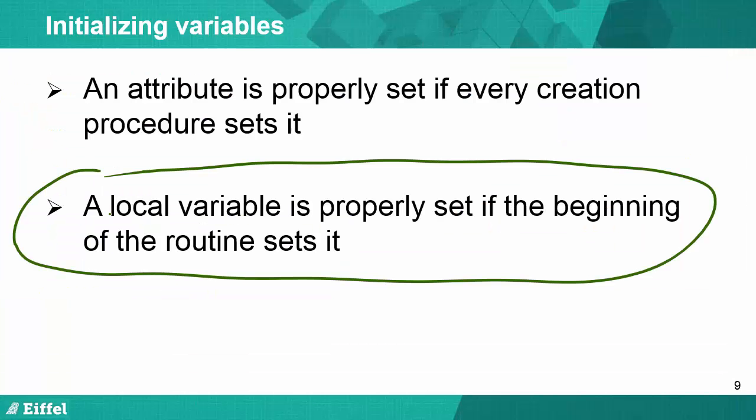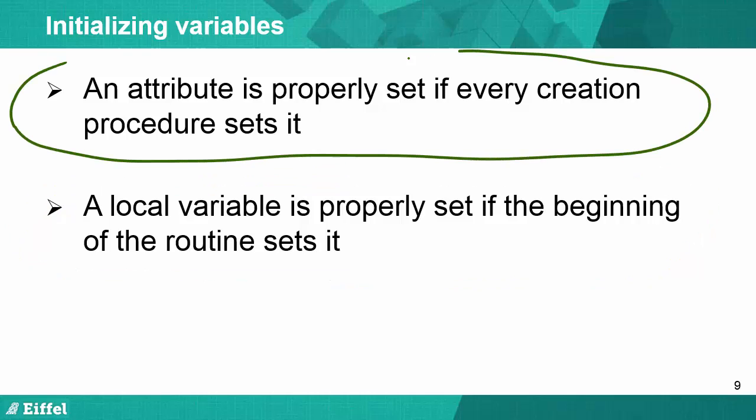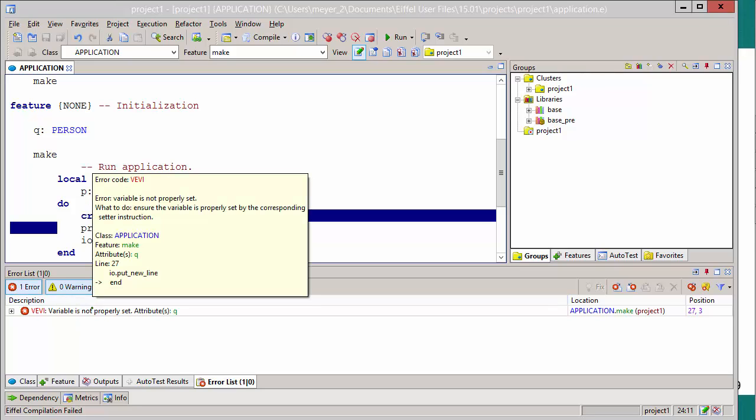Now for an attribute, well, an attribute is going to start its life at the end of creation procedures, of constructions of the class. And so the reason why this code does not compile is that the variable q is not properly set. And why is this bad?